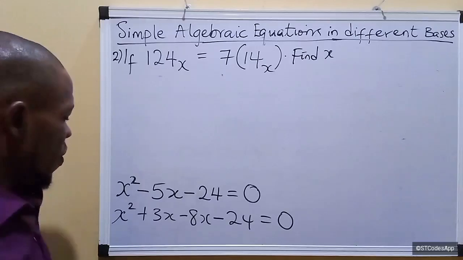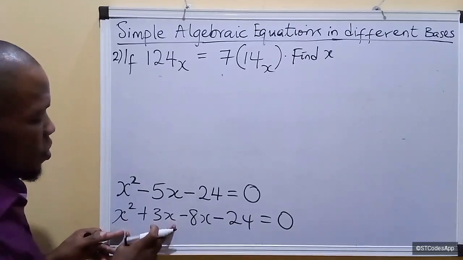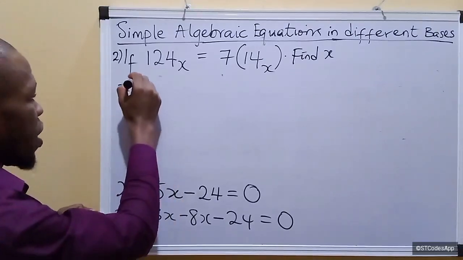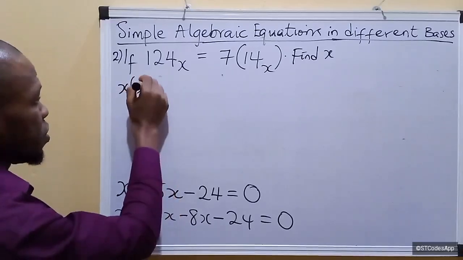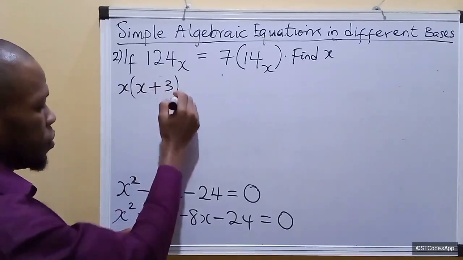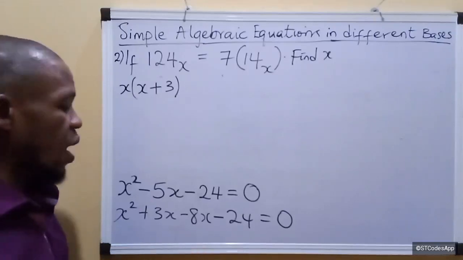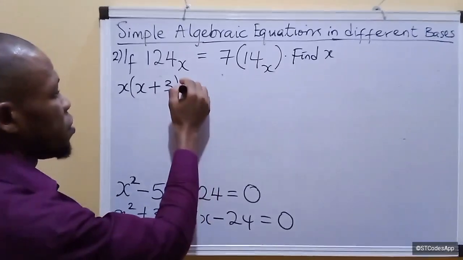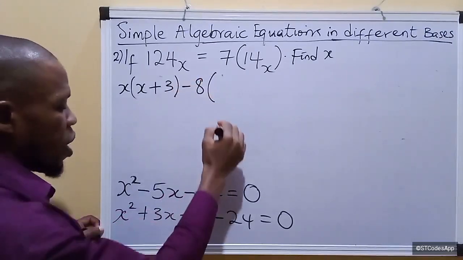Proceeding from here, we are going to factor out between these 2 terms. What is common here is x. So I bring x out of the bracket. Then here I am left with x plus 3. Then between these 2 terms, I'm as well going to factor out. What is common between these 2 terms is 8. So I'm going to have minus 8 in brackets.